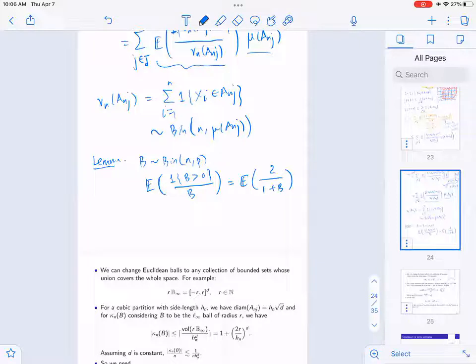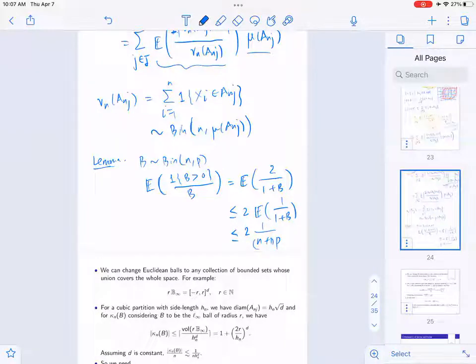So this is a simple thing. The only thing that you have to worry about is figuring out what the expectation of this is. And this, I think, is already an exercise in the notes that are posted. But you're going to prove that this is bounded by something. This is not easy to control from above. It's easy to do from below using Jensen's inequality. But if you want to get an upper bound, you have to do some work. But you can imagine it's close to just replacing b with its expectation, but it would be something like this.